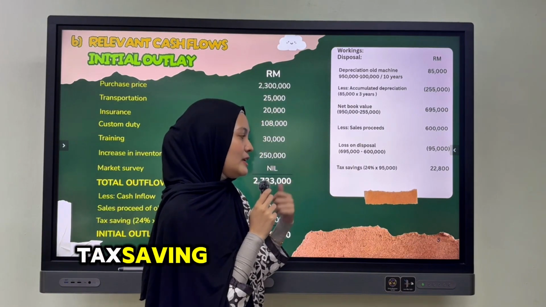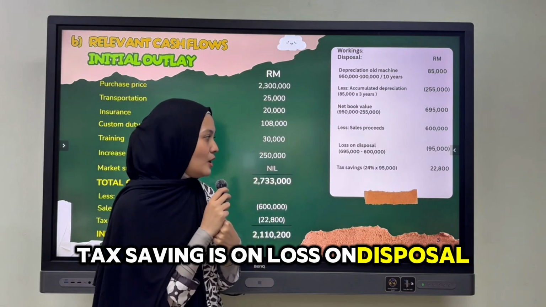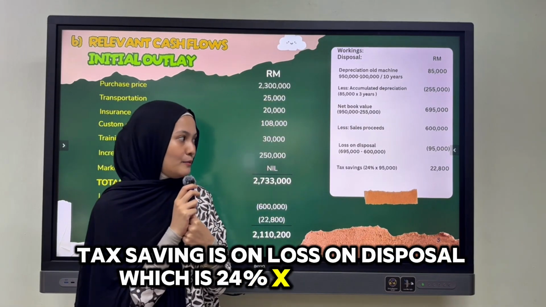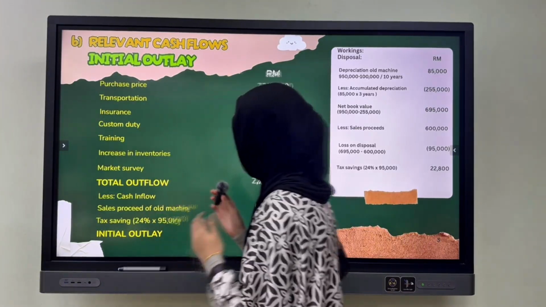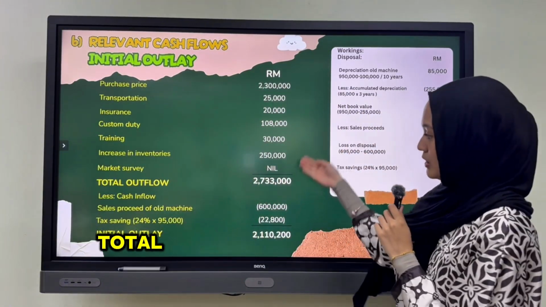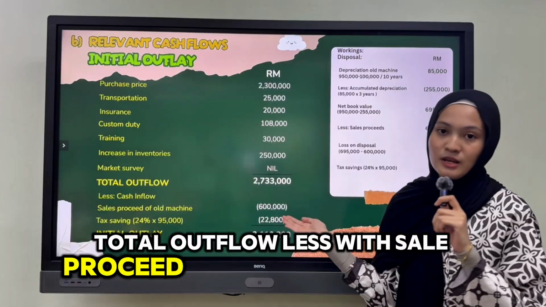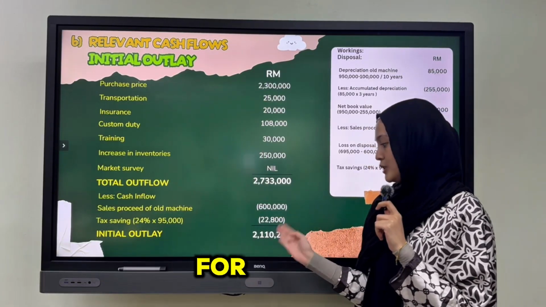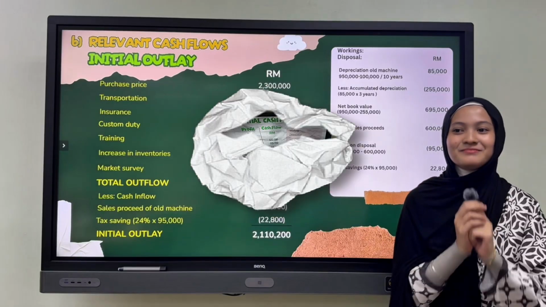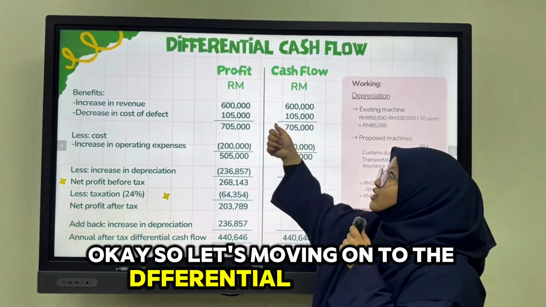So the tax saving on the loss on disposal is 24% times 95,000, which is 22,800. So the total outflow less the sale proceeds of the old machine and the tax saving gives an initial outlay of 2,110,200.